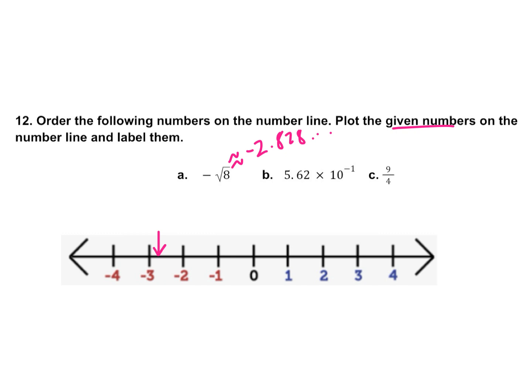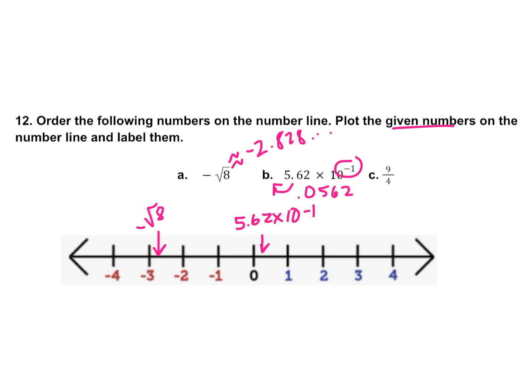So it'd be about right here. So negative square root of 8. And with scientific notation, negative exponents mean we move the decimal back 1 position. So it's 0.05625. So that'd be about right here. Again, put the given value back on here.